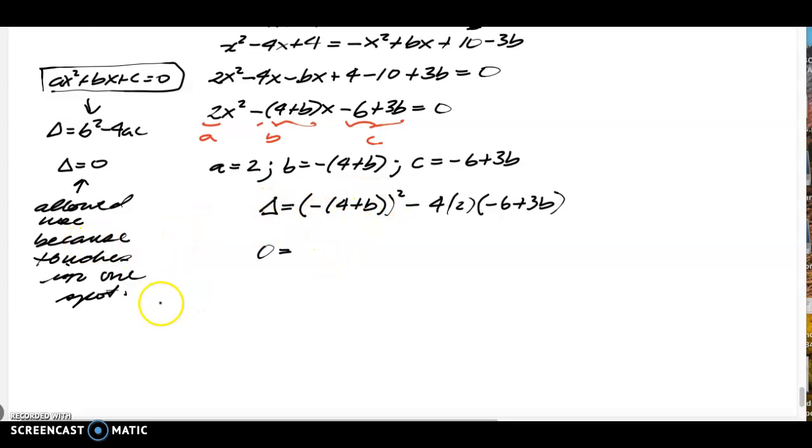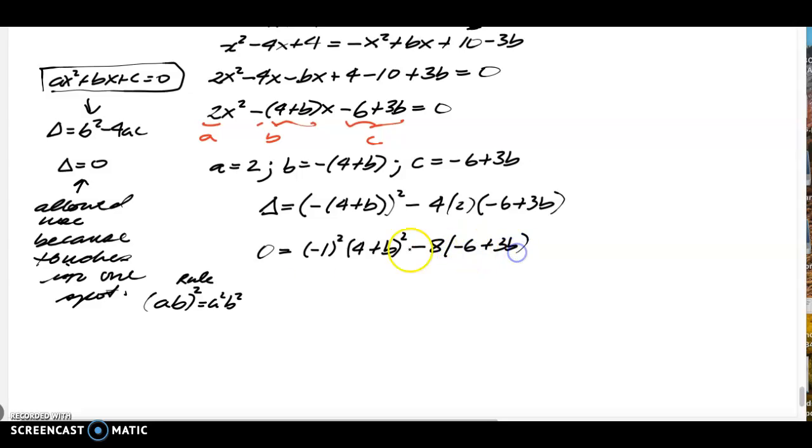I'm also using the rule that ab squared is equal to a squared times b squared. That's a rule, which is going to allow me to do this. So this is going to say minus 1, because that's a negative 1 squared, 4 plus b squared, minus 8 times minus 6 plus 3b, right?